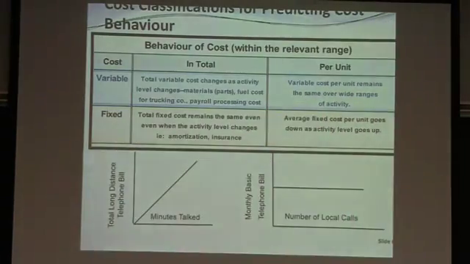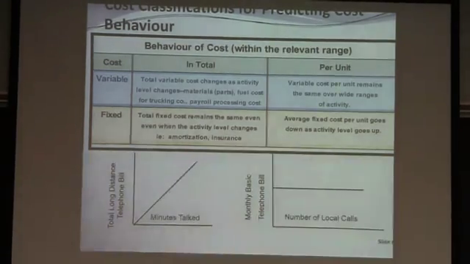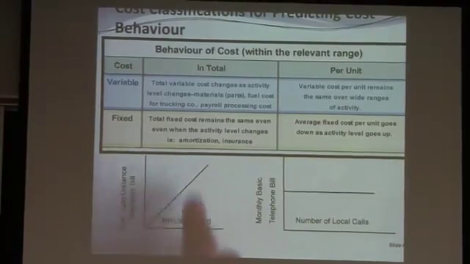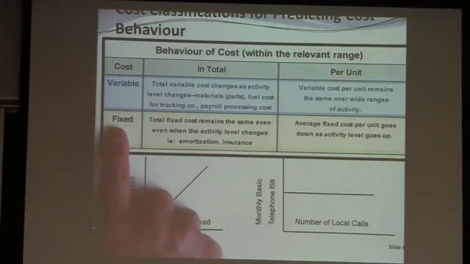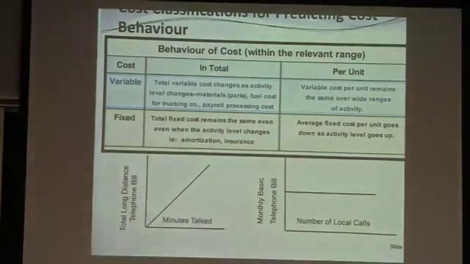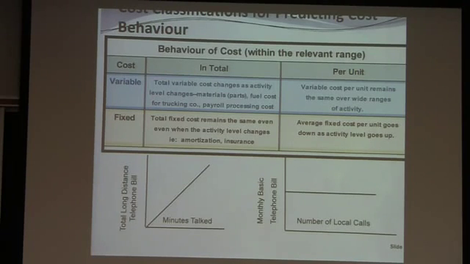It's a very important concept because variable cost means that if I don't produce, I don't incur any of these costs. If I don't call long distance, I don't incur any long distance cost. Fixed costs, on the other hand, remain the same in total irrespective of whether I make 1 call, 2 calls, or 100 calls.